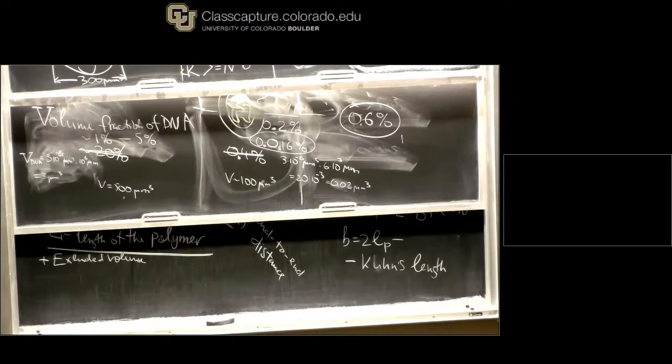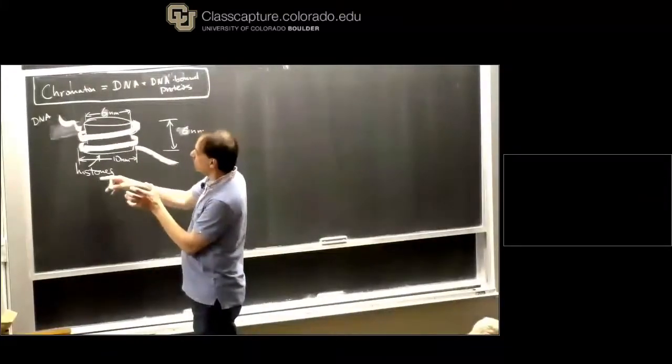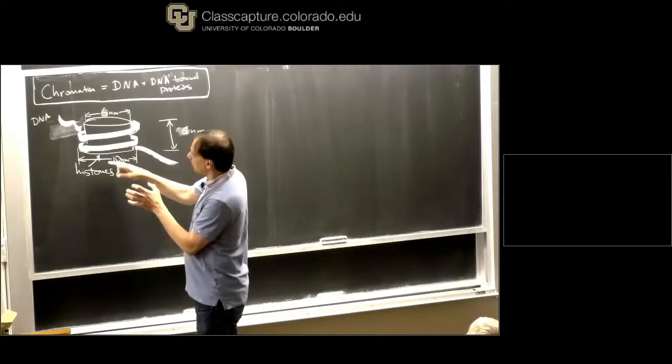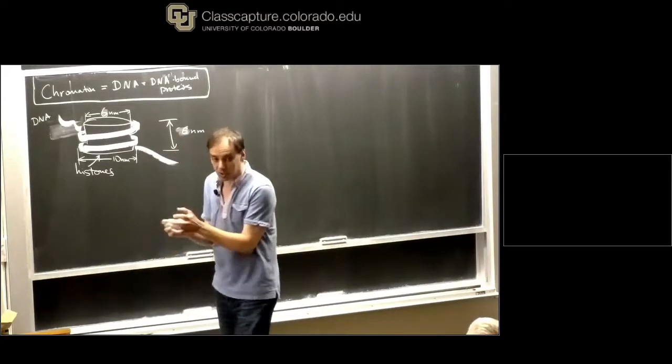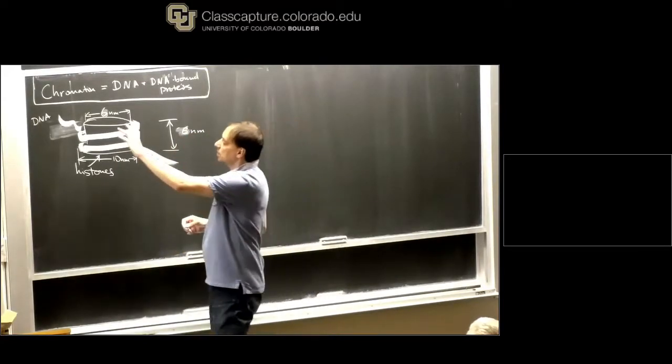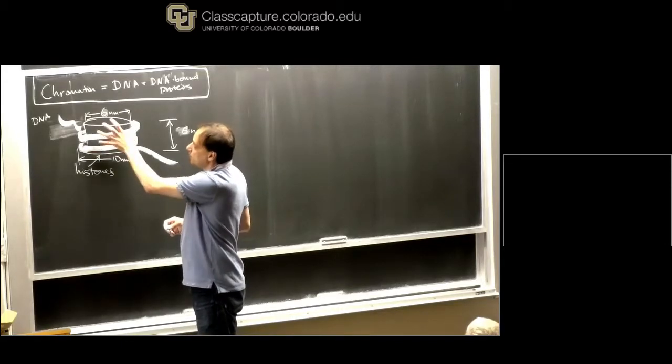And the first level of fitting the DNA is wrapping DNA around little barrels. The barrels are made out of proteins generally called histones. So 8 histones come together, form a barrel.